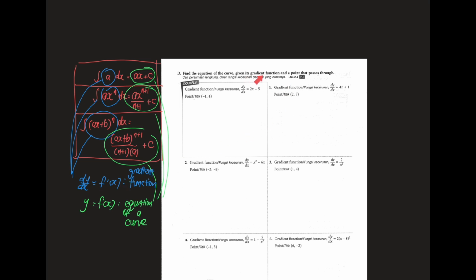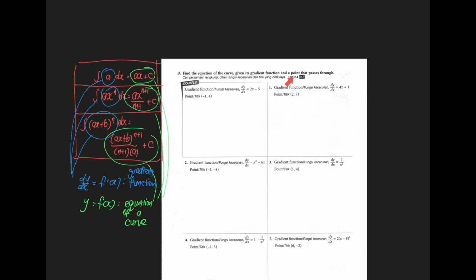What you need to do is integrate the gradient function, like what I put here, you integrate all these blue circles. They are gradient functions. Then you will get your answer. Your answer is the equation of a curve. So we need to integrate the dy dx basically.